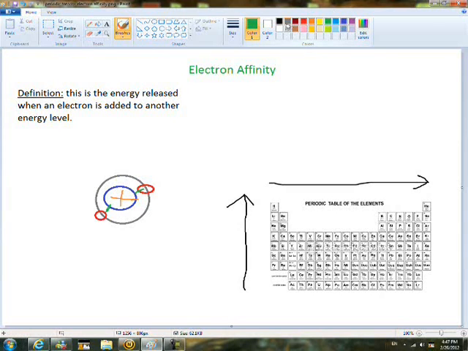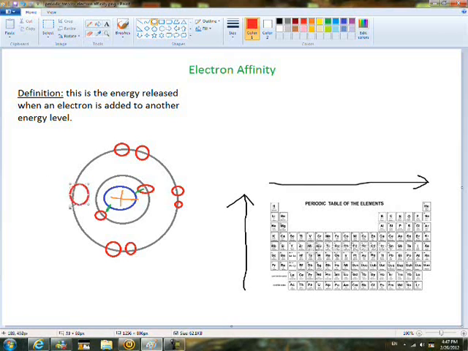And if I were to put another shell, so here's my second shell, and here, let me just fill it up with electrons. Now they're further apart, so there's less energy in between them since they're further.